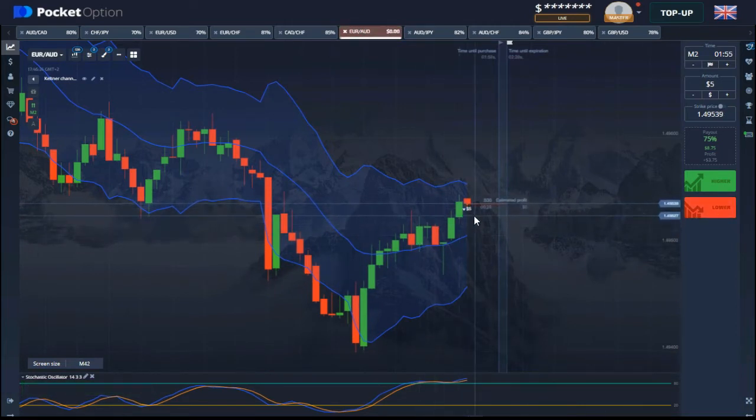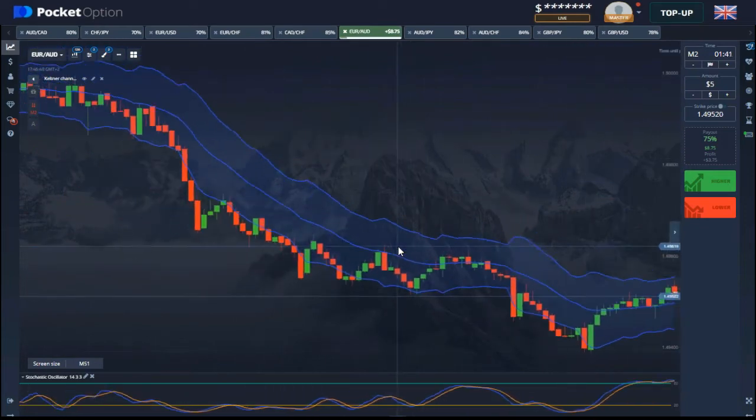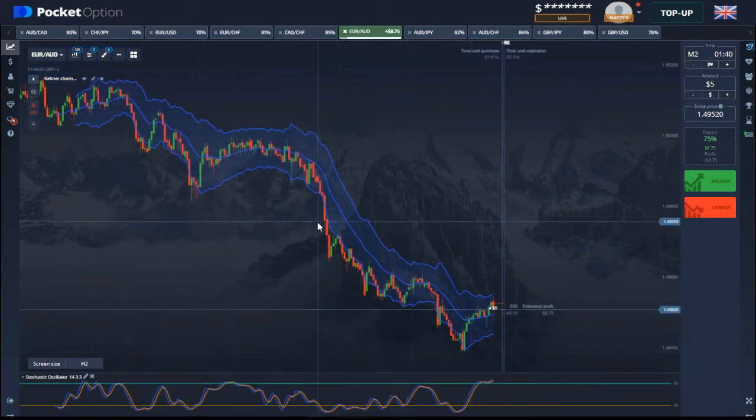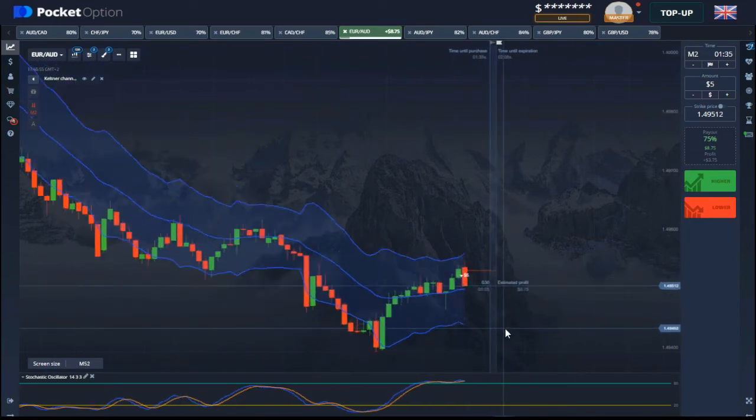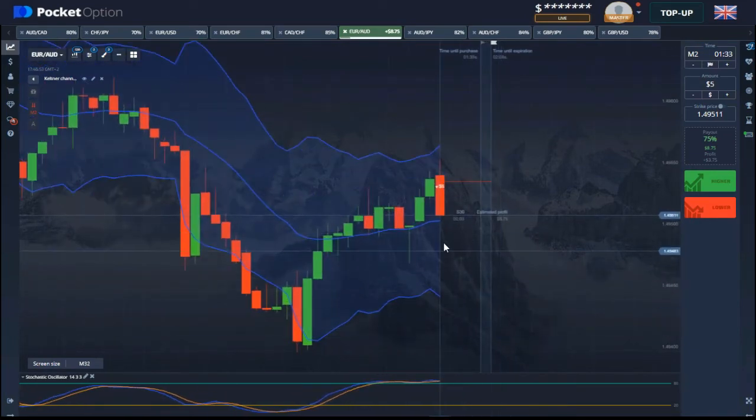I took the trade here for lower because the stochastic oscillator is in the overbought condition and the market touched and is near the upper line. Because the market is in a downtrend, it goes up for some time, so it will go down again. That's why I took the trade here for lower for 2 minutes.